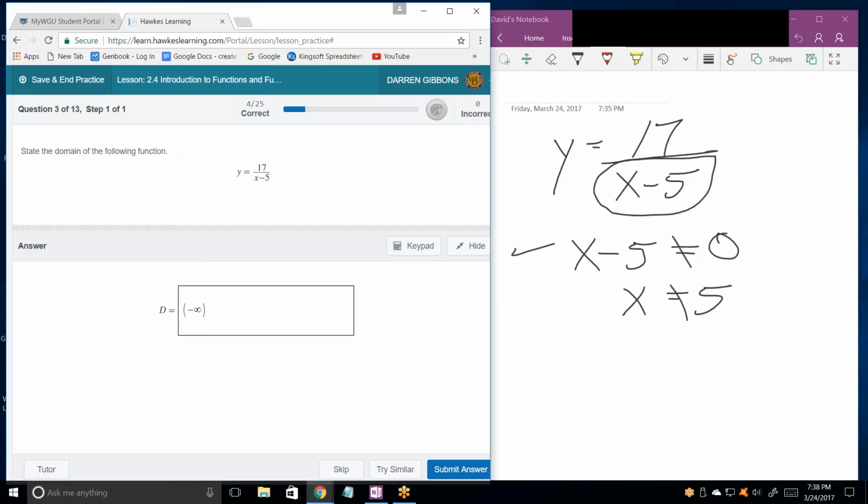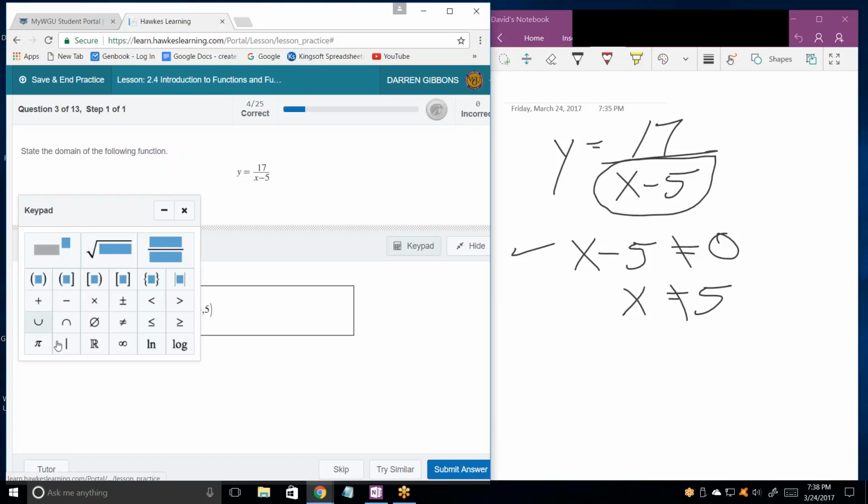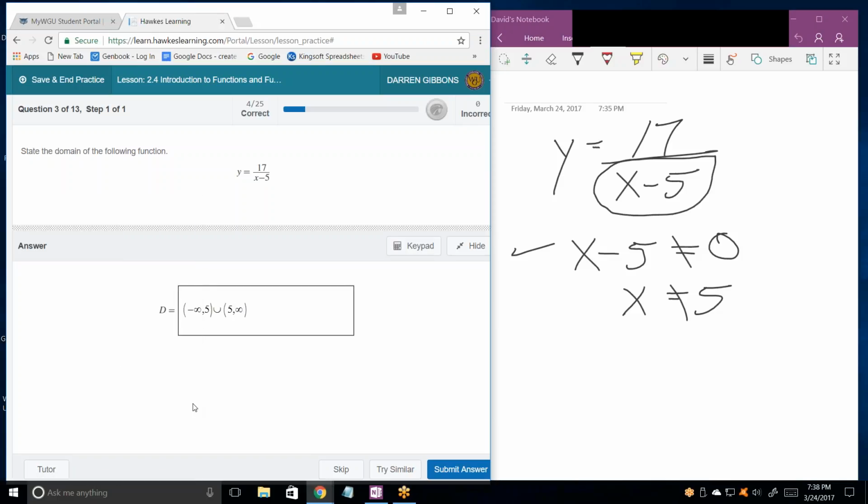So it's negative infinity, comma, 5 with a parenthesis because it can't be equal to 5, in combination, which is what that symbol means, with another parenthesis, going from 5 to positive infinity. Look at that answer: do you see how that covers all real numbers except 5?